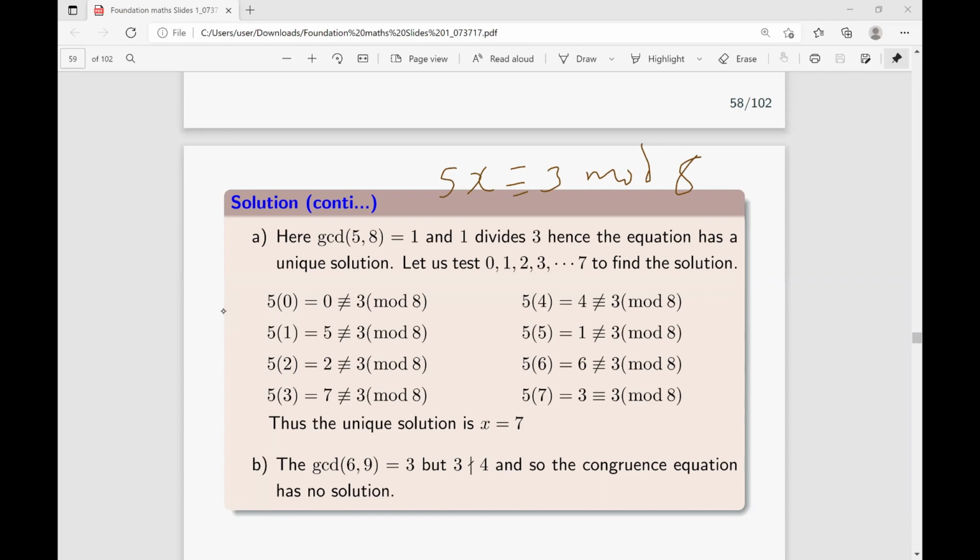So we said for this to have a solution, the GCD of 5 and 8 must divide 3. If it does not, then this one has no solution. There's no need of proceeding to find a solution where it does not exist. Is that okay? So that is the first thing you do. Once you're given this, you test whether the GCD divides that. So I tested that.